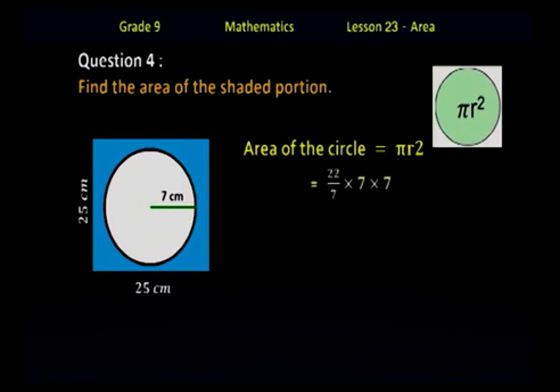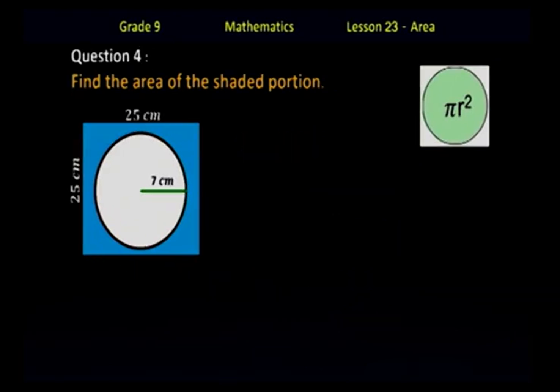Let's find them. The area of the circle is 22 over 7 into radius, which is 7 into 7. Then 7 and 7 you can simplify, and the answer is 22 into 7, which is 154 square centimeters. Now what you have to do is find the area of the square. The area of the square is 25 into 25.